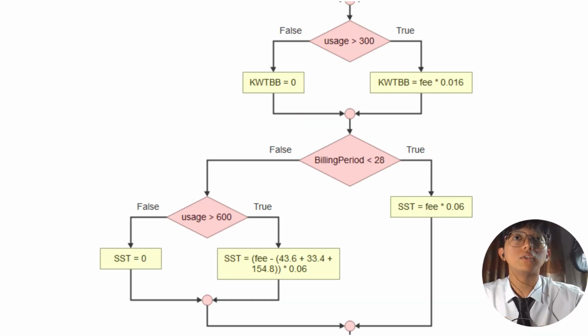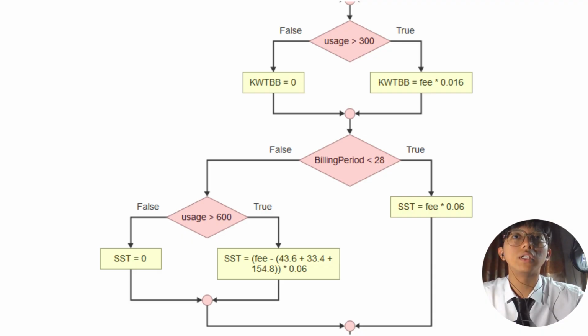The next step is to calculate the KWTBB and SST. If the usage is more than 300, we need to calculate the KWTBB, which is the fee multiplied by 0.016, or 1.6%. If the usage is less than or equal to 300, it goes to false, and the KWTBB is equal to 0.